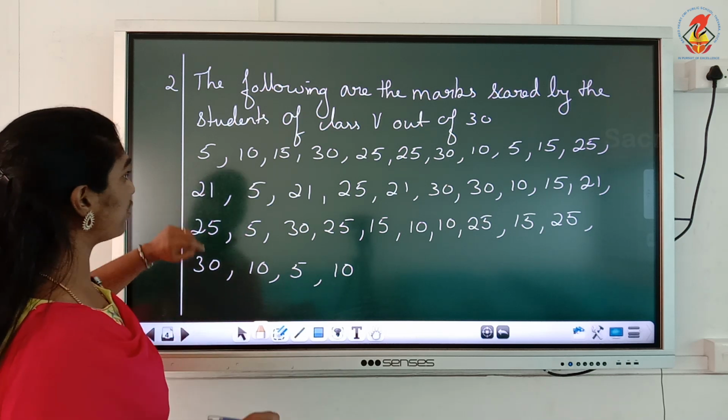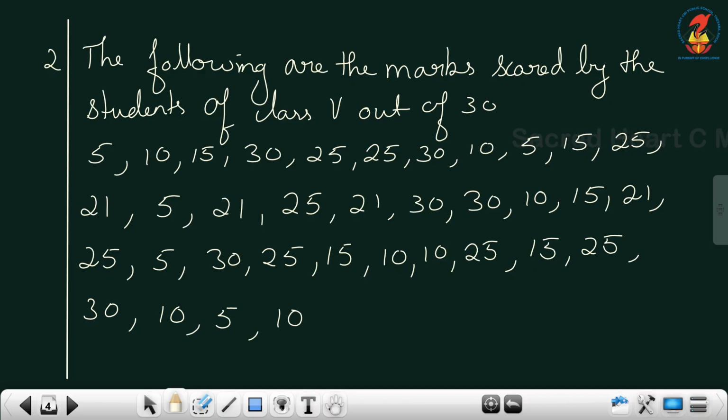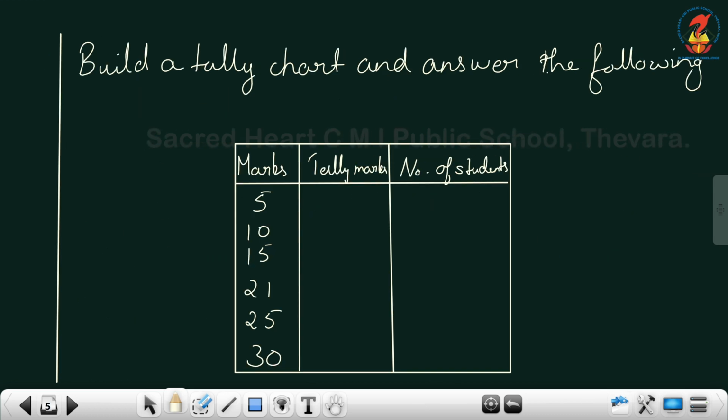Okay. So, I have here 1, 2, 3, 4. Yes, 4 students have got 5 marks. So, 1, 2, 3, 4. Okay.